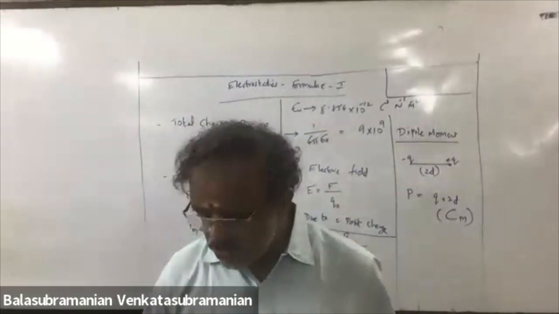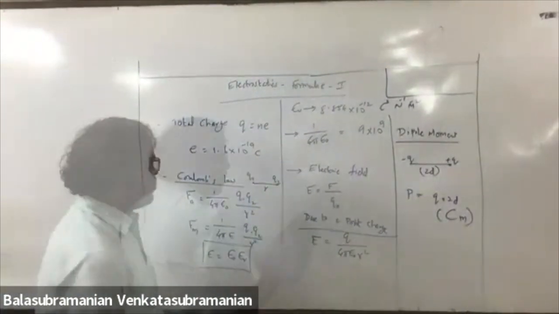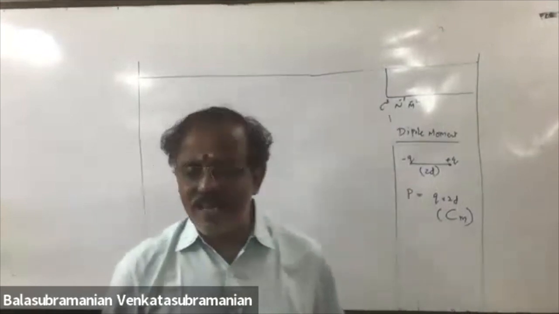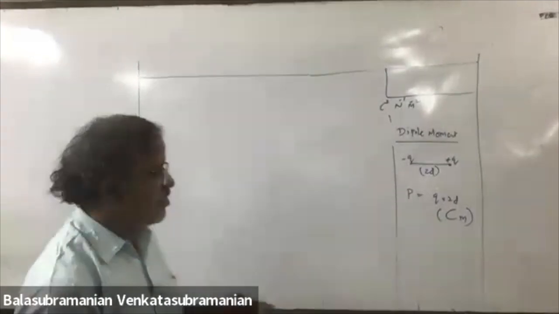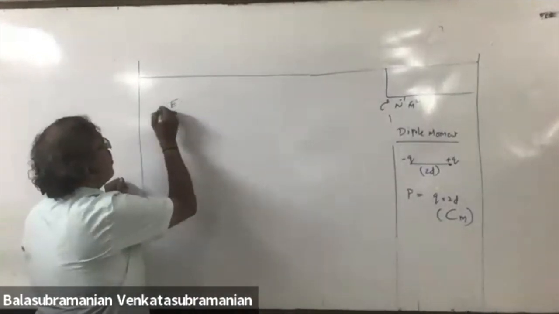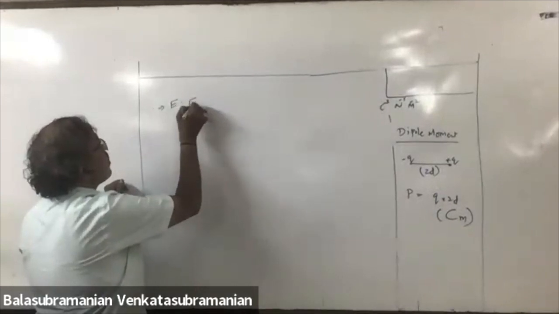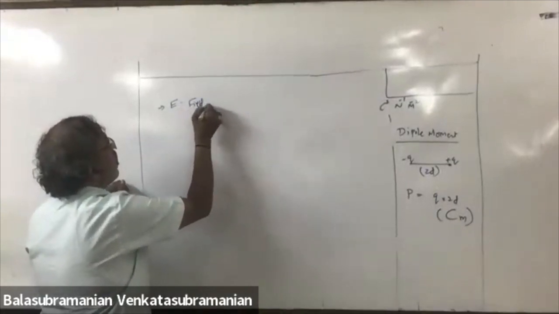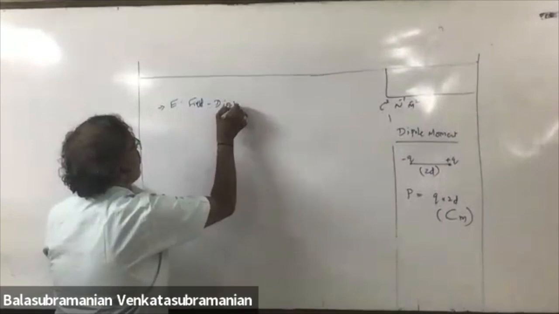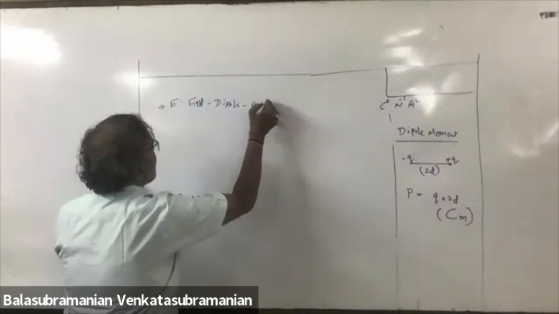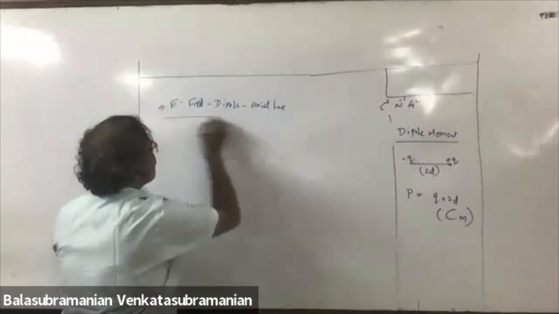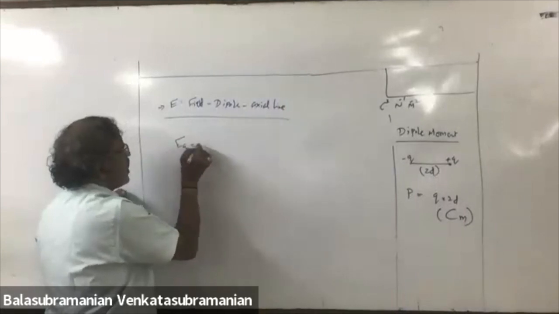So next we are going to see the electric field of a dipole along the axial line. E axial.